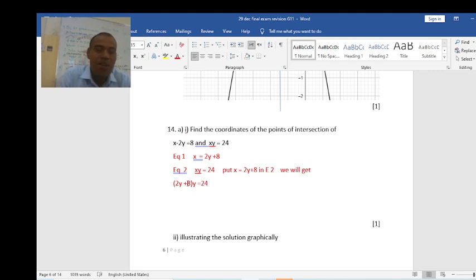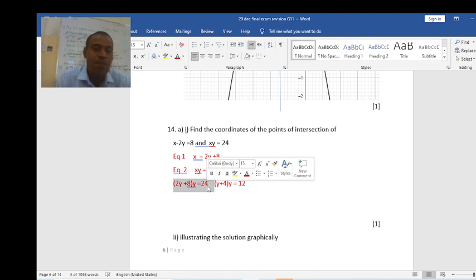You can divide from the beginning by 2, or no problem. Because 2 is a common factor, I will just divide everything by 2.